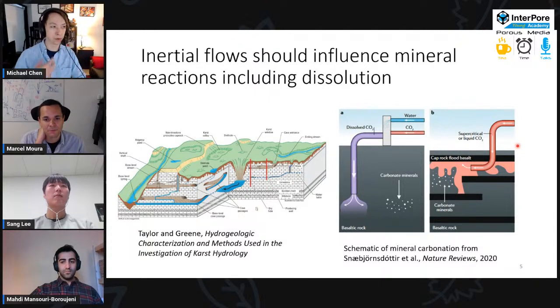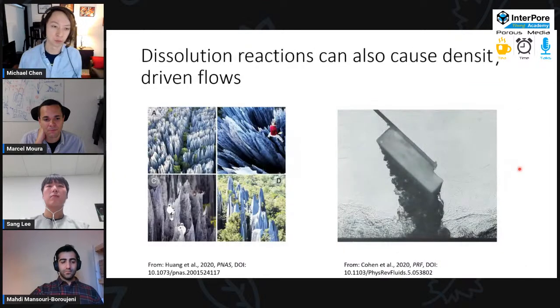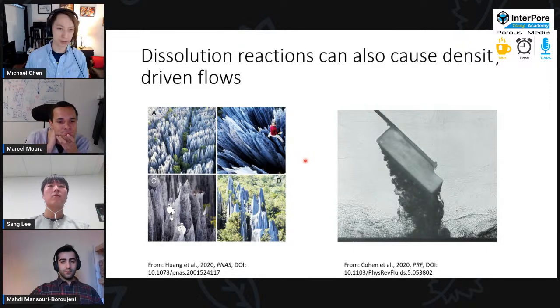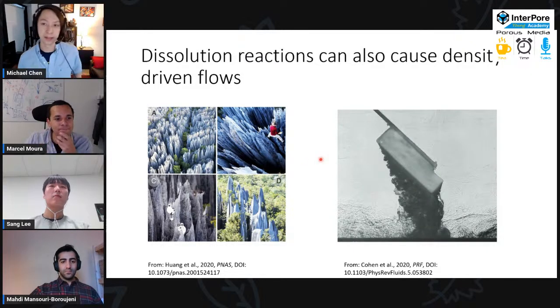When we move to these heterogeneous reactions involving minerals, we can also see the suggestion that there should potentially be some influence of gravity through convective dissolution or the like. Indeed, there have been some really neat studies that show that when you have natural rocks or other rock-like materials dissolving, we will get density-driven flows.